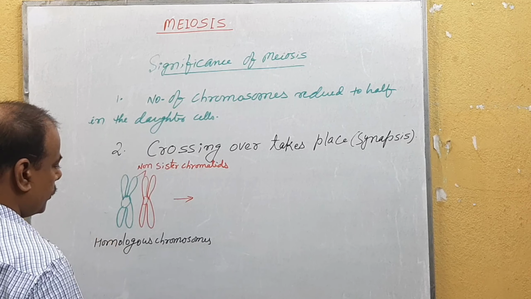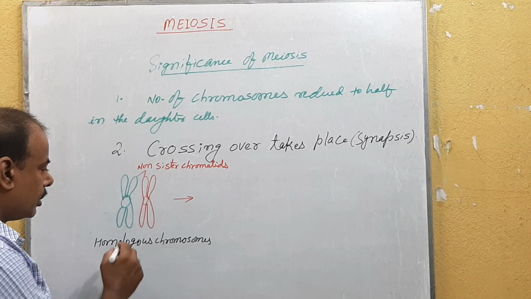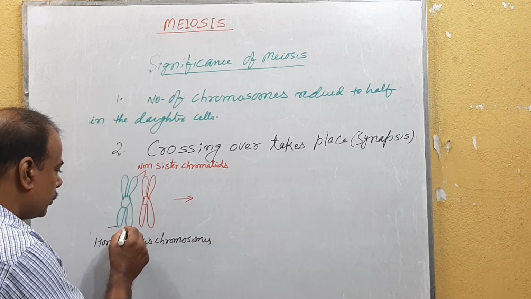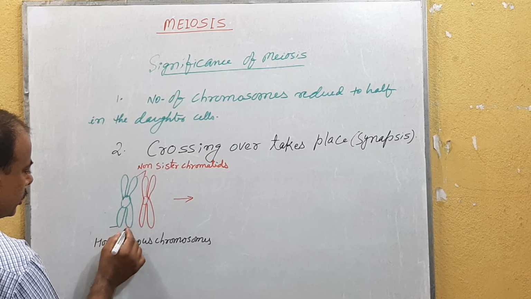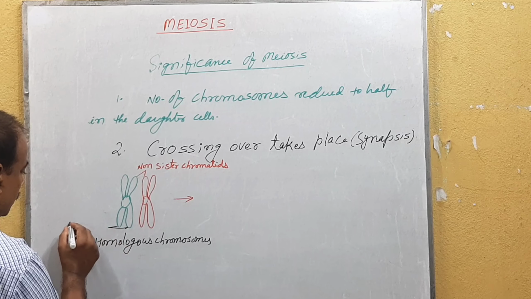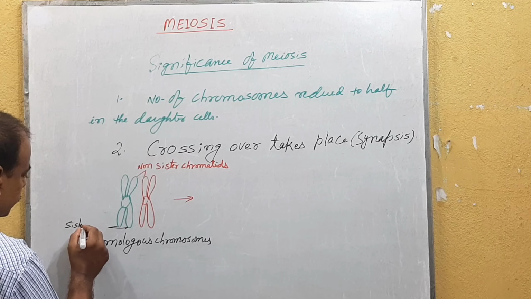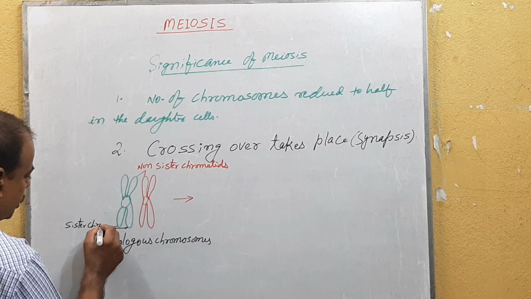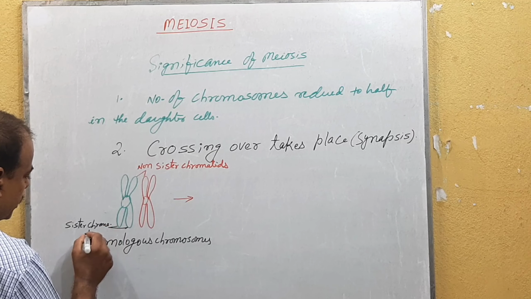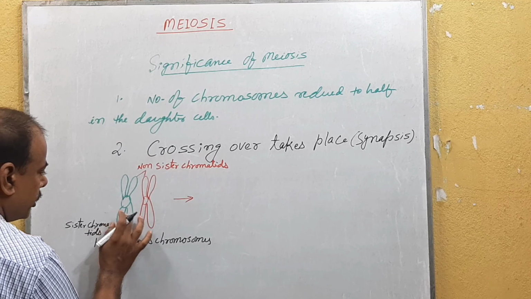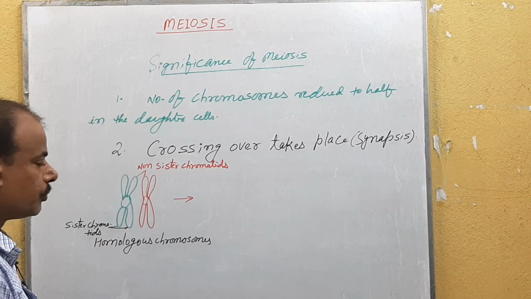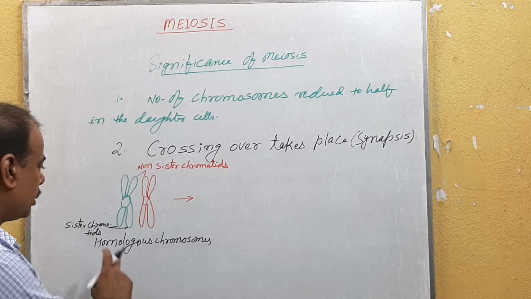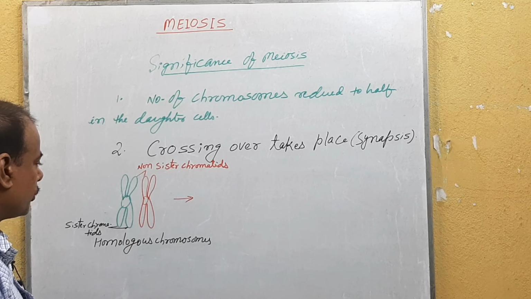These two are the sister chromatids, because these two are the chromatids of one chromosome, and therefore these two are known as sister chromatids.